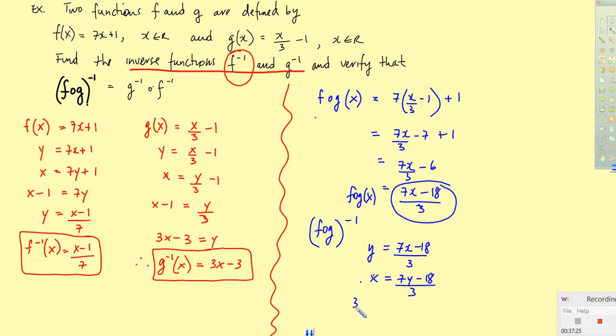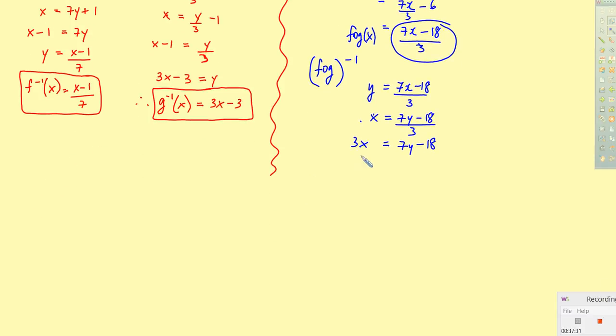So it becomes 3x is equal to 7y minus 18. And it'll become 3x plus 18 is equal to 7y, so that y will equal 3x plus 18 all over 7. Therefore, f of g of inverse is going to be equal to 3x plus 18 over 7.